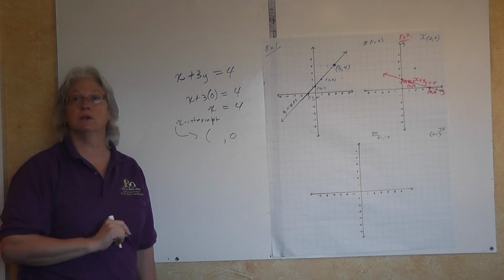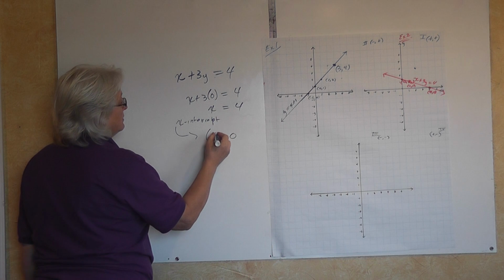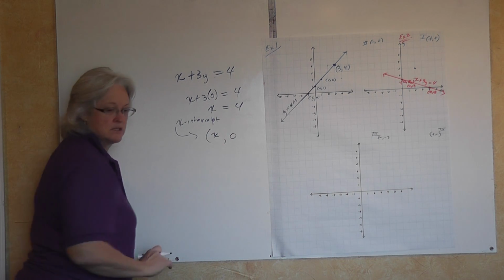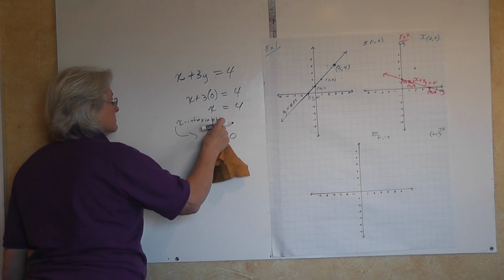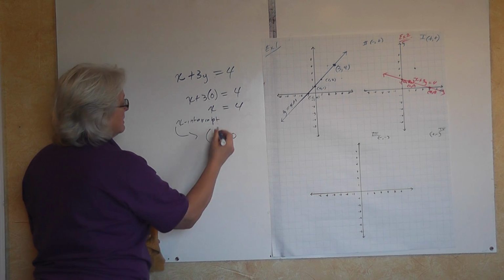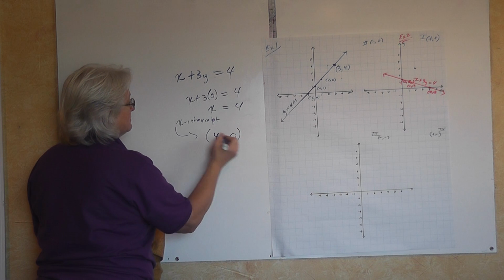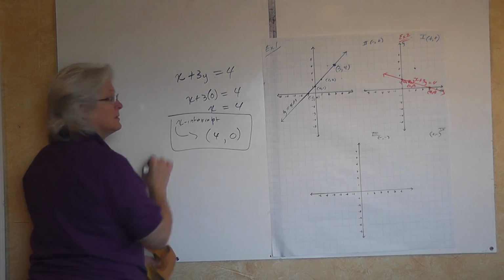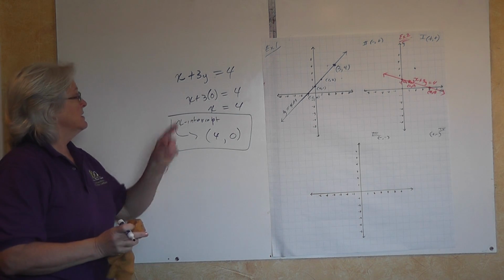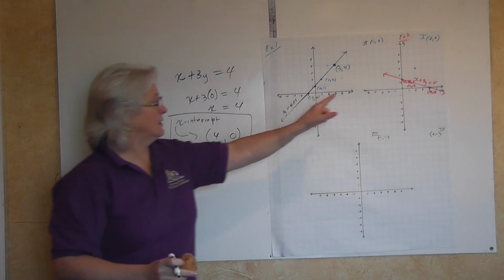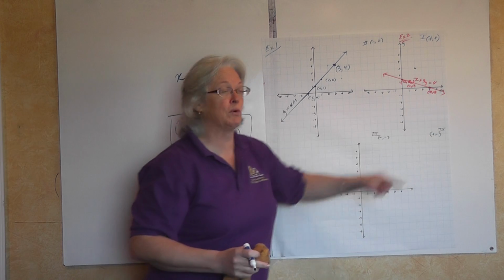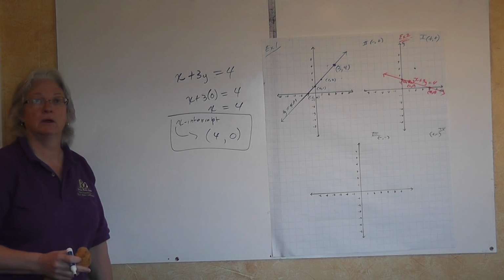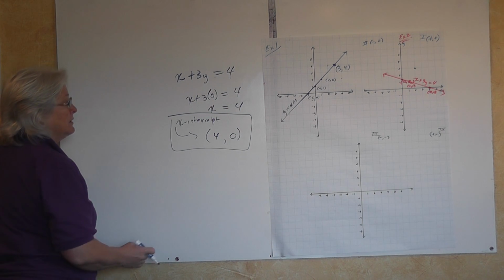When you substitute in 0 for y, you figured out that x is equal to 4. I'm having a hard time today. I keep writing ahead of myself. The x-intercept is the point (4, 0). Is that true? Well, yeah. You can look at the graph over here that we've already drawn and see that the point (4, 0) is the x-intercept.